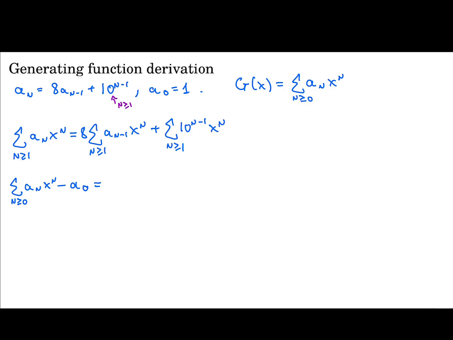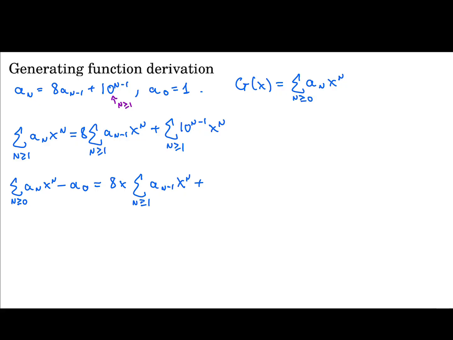Now, for this one here, we want to match the powers here. So the way we do that is we can factor out an x. So this will be 8x times the summation, n larger or equal than 1, of a_{n-1} x^{n-1}. And for this one here, this one is actually a geometric series. So summation of powers of something times x^n, we know that this is a geometric series. Let me write it down here.